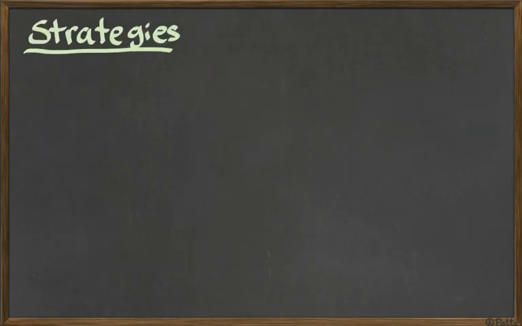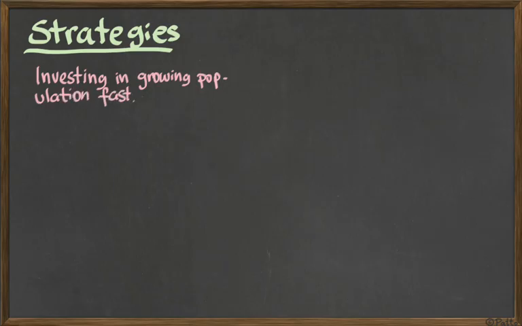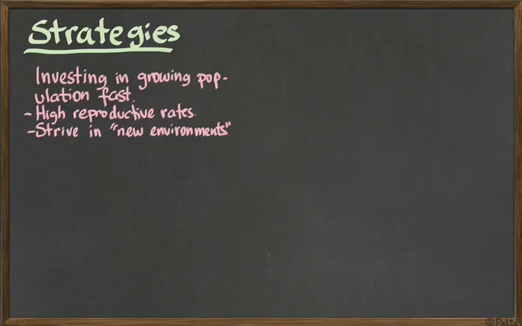Okay? There are two extreme strategies when you talk about population strategies. Actually, there are many strategies around, but usually we illustrate extremes here. So one extreme strategy is populations that invest in growing the population very fast. Species that have a very high reproductive rate, that do well in new environments full of resources.